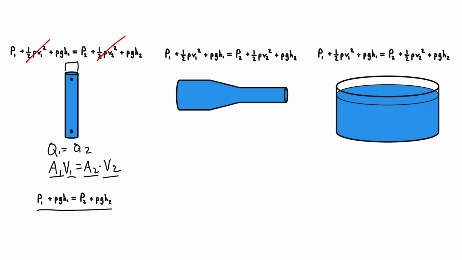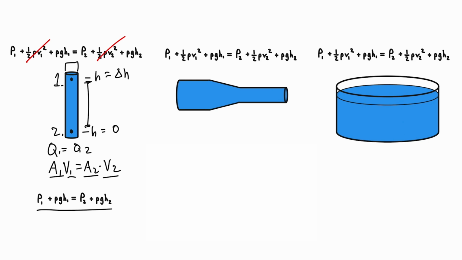And the next thing you can do to make this equation even more simple, and this is something you can apply to any Bernoulli's equation, is to take the lower height and set that height equal to 0. And then the higher height, you can set that equal to the difference between the 2 points. And we'll say that is delta H, or the difference in height between point 1 and point 2. Let's say that the higher point is point 1 and the lower point is point 2.